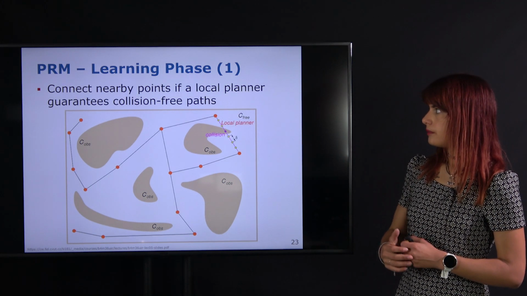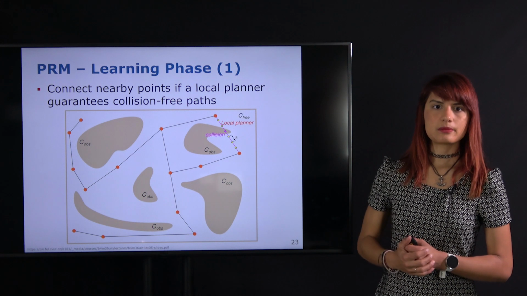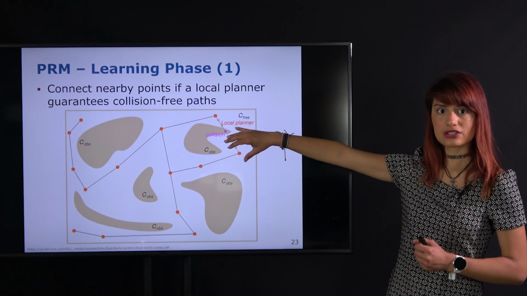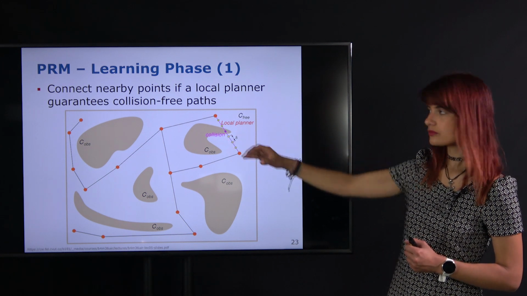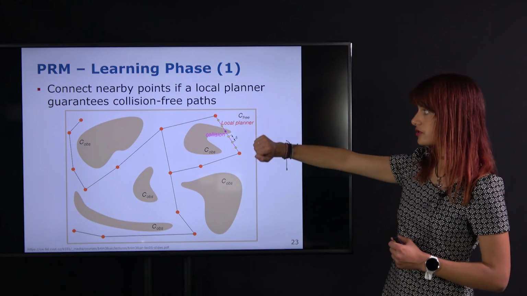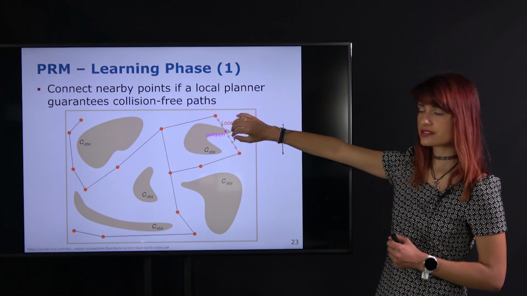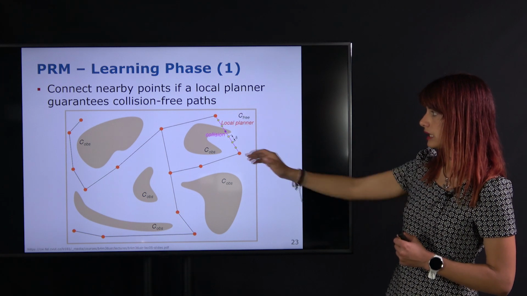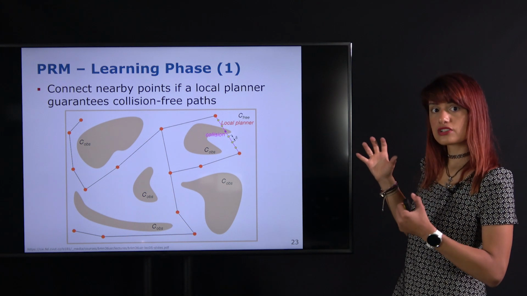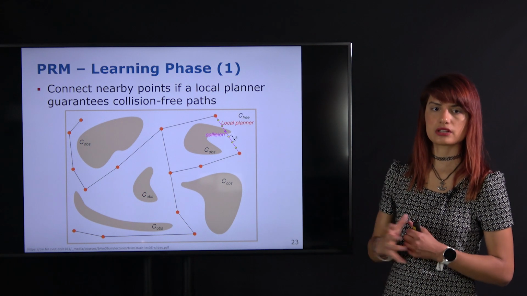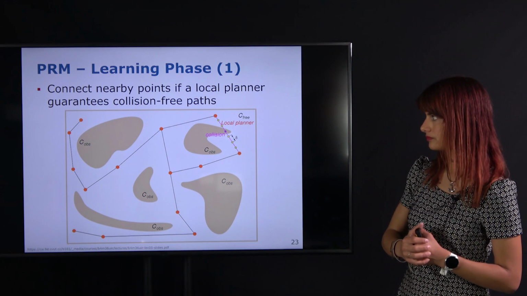And then we need to connect these points somehow in order to generate the roadmap. And this is where the collision checking comes in. So we say, I want to see if the path connecting these two configurations is in collision. And then our function collision checker tells us yes or no, and based on that we can either generate edges or not.